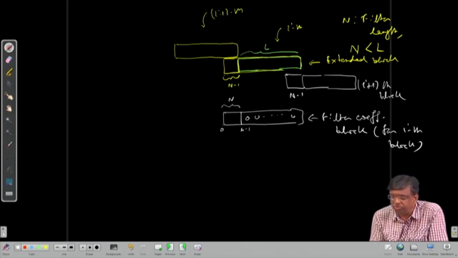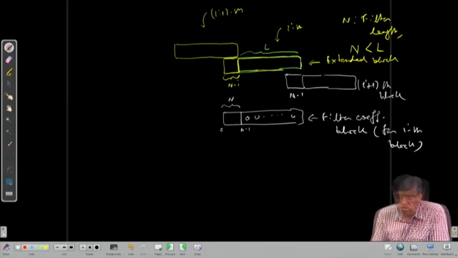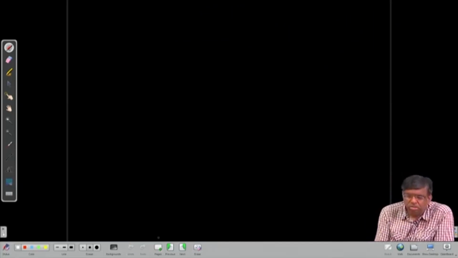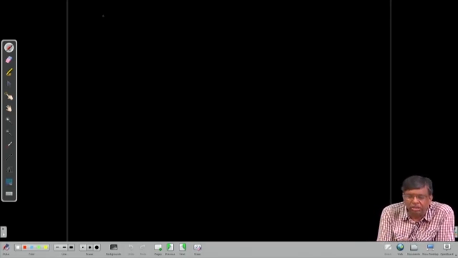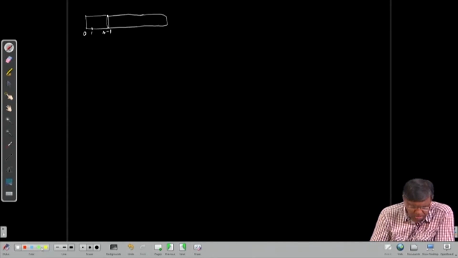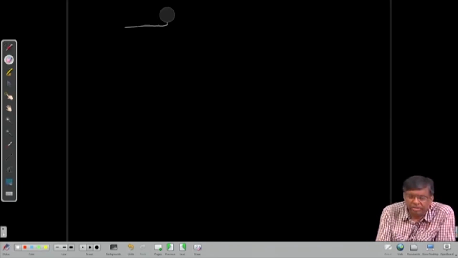Then the circular convolution, first n minus 1 results are incorrect, which is fine with me, because otherwise I was going to discard them. From this point onwards till this point, results are correct. Okay. So, what I do, I take a particular block for explanation. So, let us take this block to be like this. Okay, so this is 0, 1, maybe up to n minus 1, sorry, n minus, let me do it in a better way.